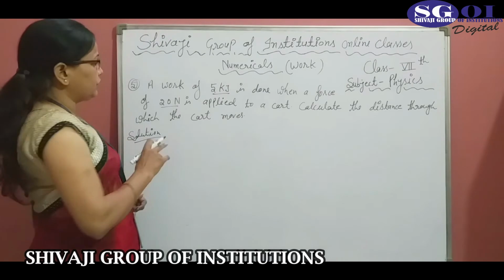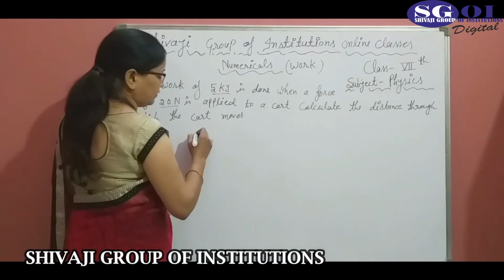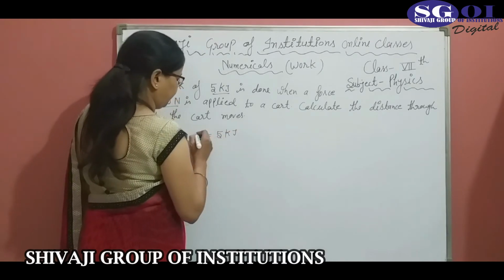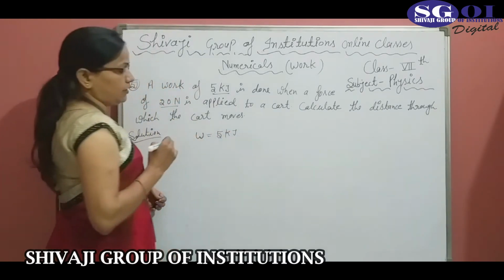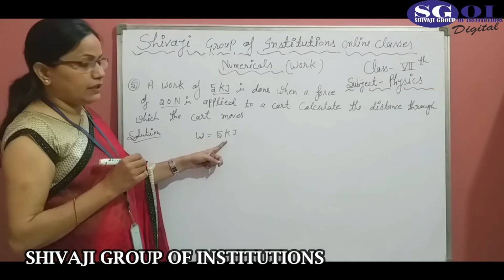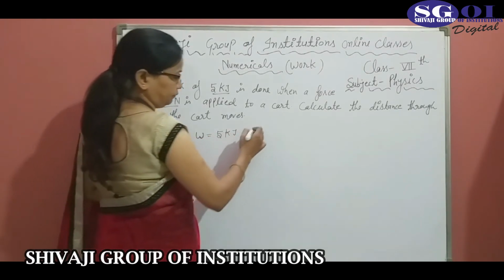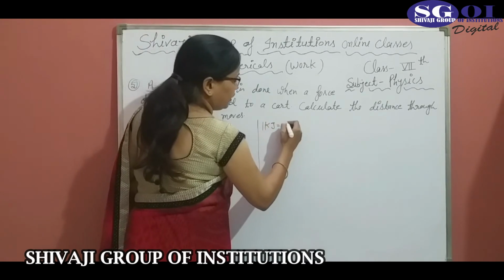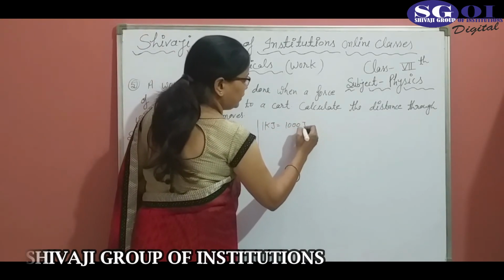Student, in this question work is 5 kilojoule. And student, firstly we have to convert kilojoule into joule. So 1 kilojoule equal to 1000 joule.